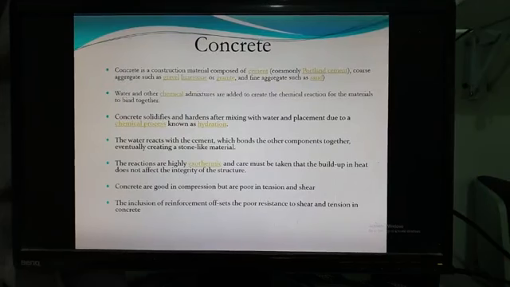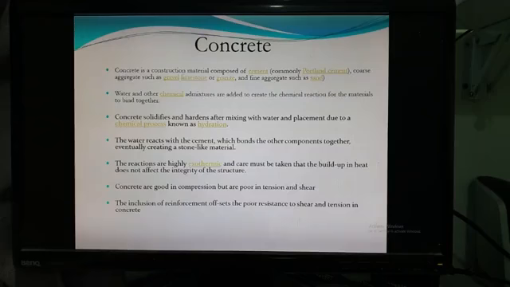So this is a bit of detail on the creation of concrete itself. Concrete consists of cement, which are usually OPC, ordinary Portland cement, and then we have aggregates, coarse and fine aggregates. If it's coarse aggregate, we can use a lot of material.